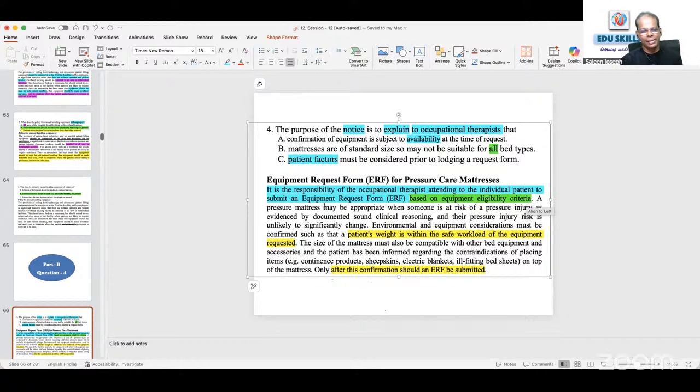In the general sense, in your medical profession, do you submit the patient criteria and the company will produce according to each patient's requirement, for the pressure care mattresses?